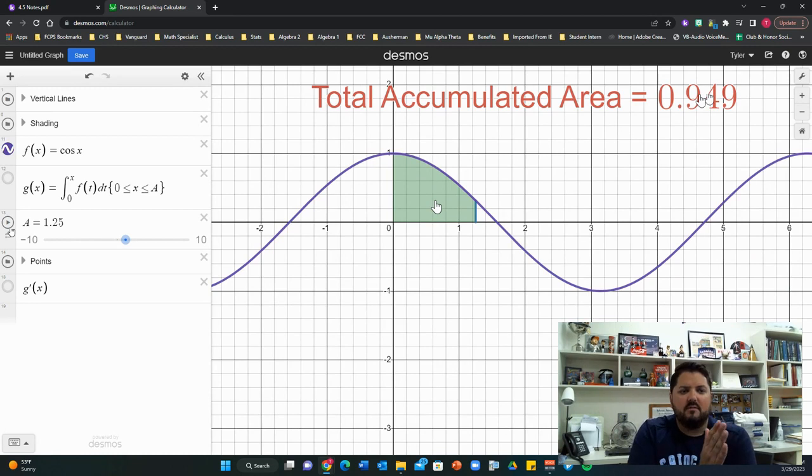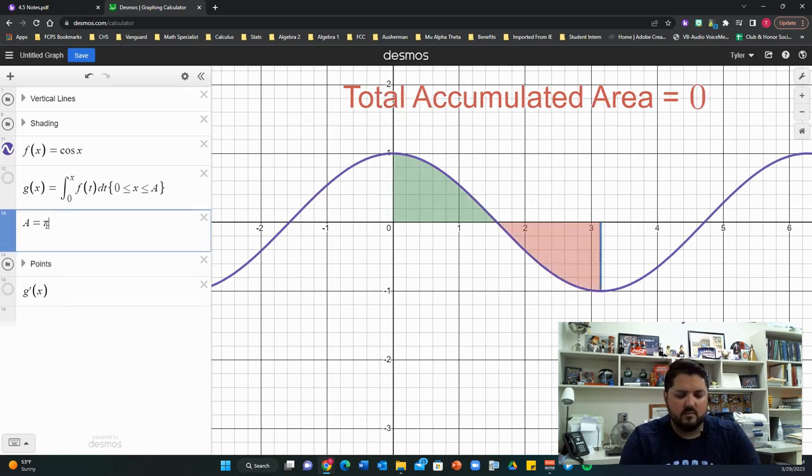So as that value of x continues to move across that interval, the area is accumulating. So we're gaining more and more area until I get to a value of pi over 2.